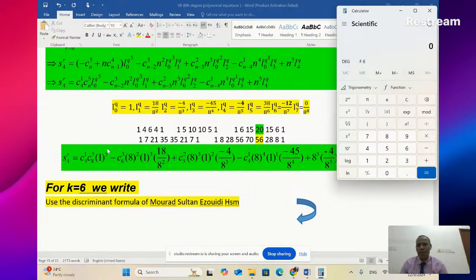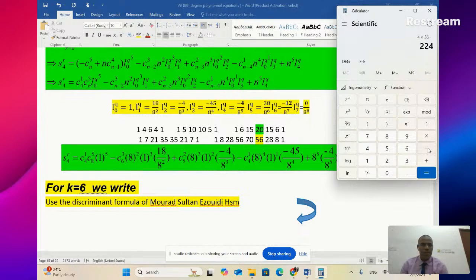I will now make this one. So you can see that 4 times 8 choose 5. This is 8 choose 1, 8 choose 2, 8 choose 3, 8 choose 4. This is 8 choose 5, means 4 multiplied by 56, multiplied by 1. Then minus 6 choose 3, learners, is 20.